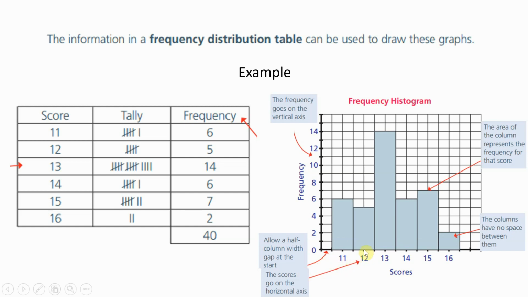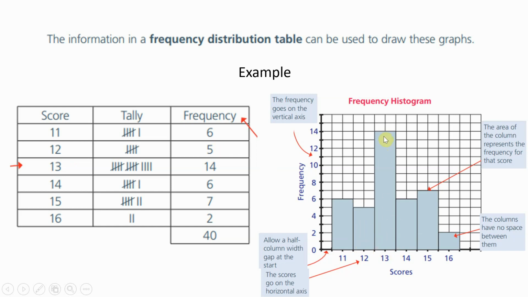Okay, so for example, a score of 12, it looks like it stopped at level with 5, and so we have 5 frequency, score of 12. So you'll draw a line across there, either side of the 12, and a line down, and everything inside that rectangle represents a score of 12 and a frequency of 5.